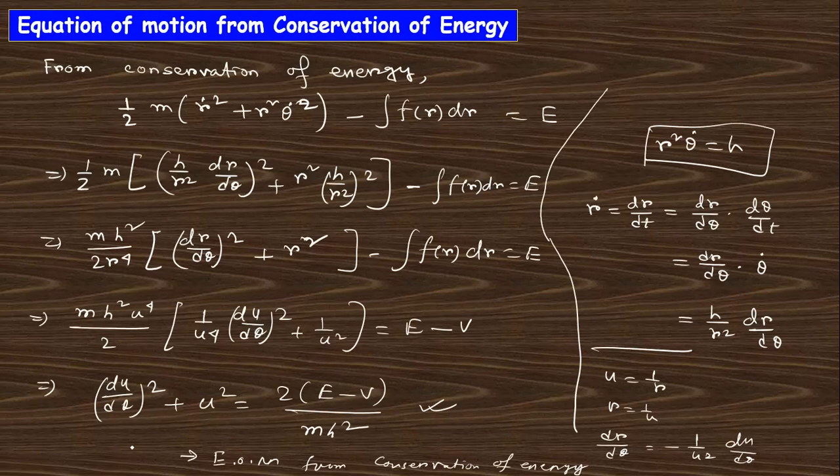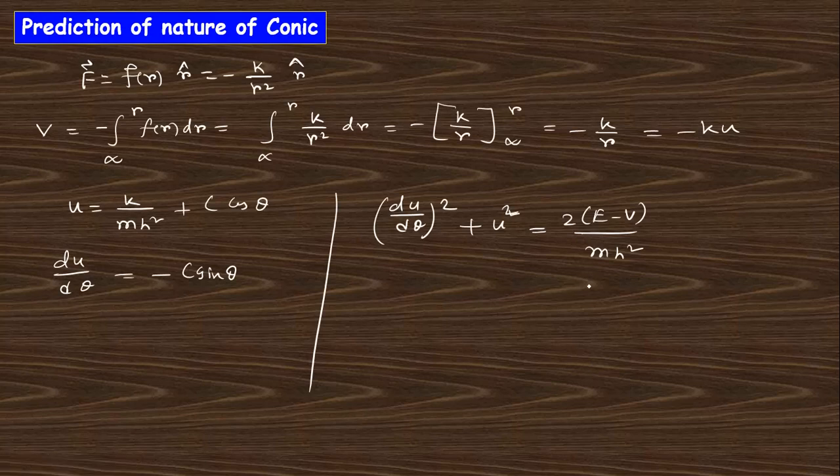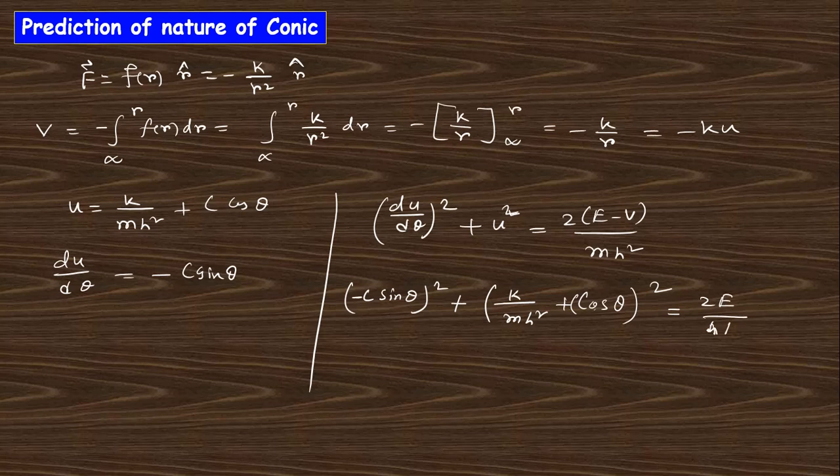So you just put this in this equation. du d theta will be minus c sin theta whole square plus u square, u is like that, so put k by m h square plus c cos theta whole square equals 2e by m h square minus 2 by m h square v.